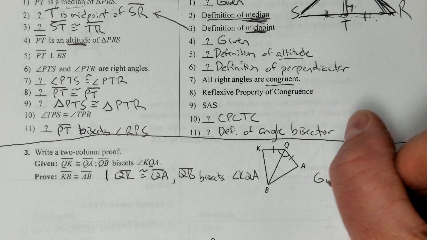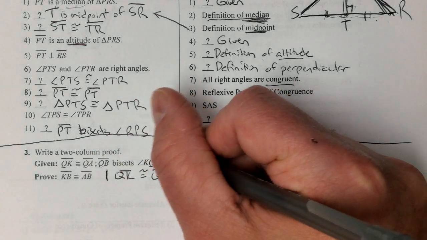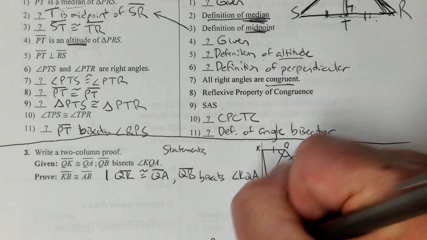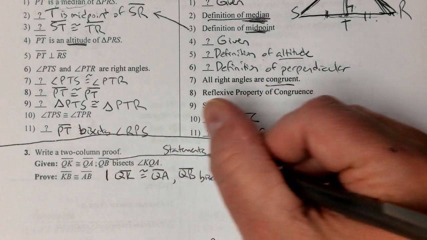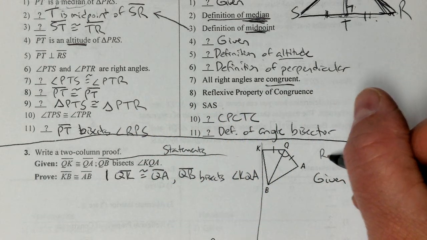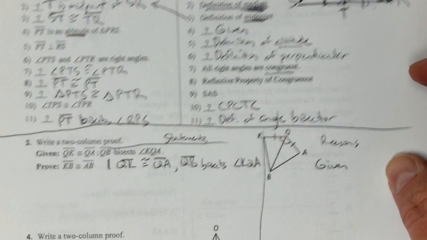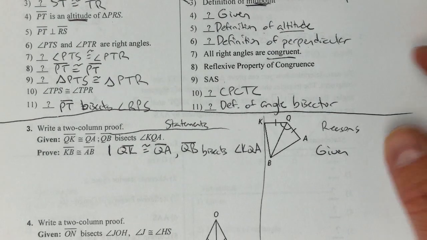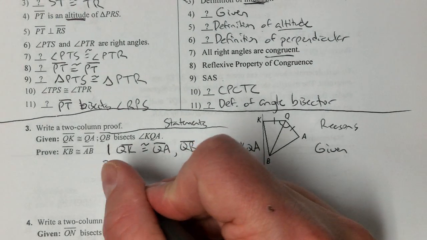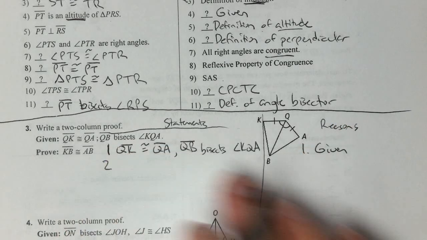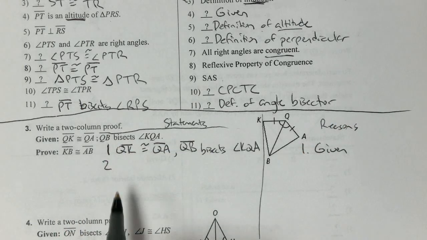That reason is going to be given. So I'm putting statements on the left, reasons on the right. I'm going to put a number 1 given here, just to keep it symmetric.